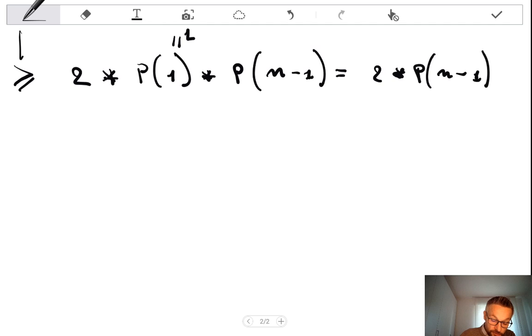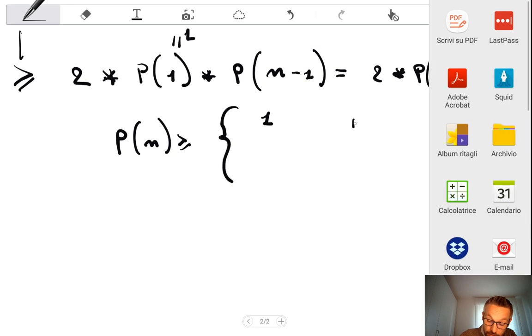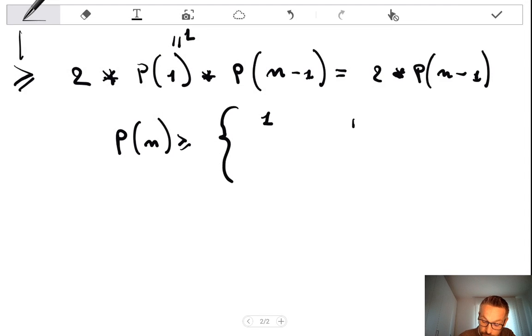So now we prove that Pn is greater or equal to 1 if n is equal to 1 or 2, and to 2 times P n minus 1 if n is greater than 1. Okay?